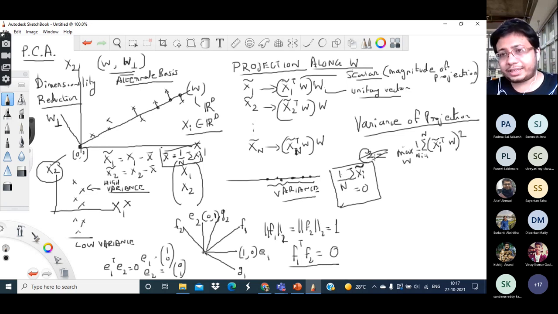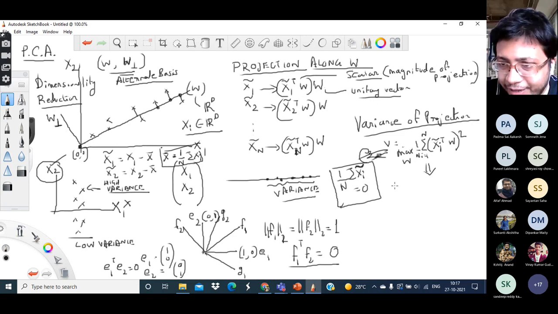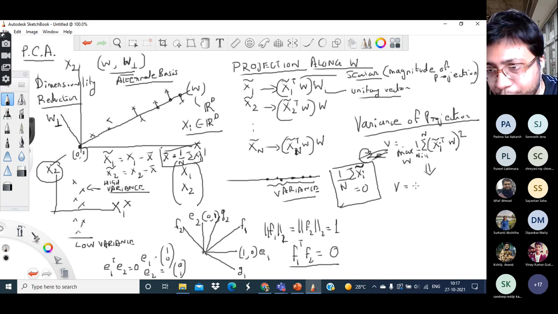So basically this is how the variance was defined. This we wrote in a slightly different way, and what we finally arrived at is that this maximum variance V is going to be an eigenvalue lambda, the largest eigenvalue lambda, and this W is going to be the first eigenvector, the corresponding eigenvector U1, of what?